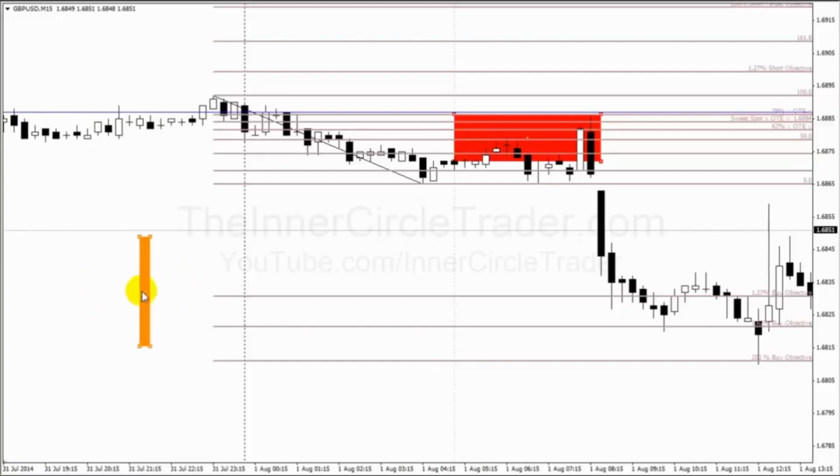But look over here, when I put this little cursor here, notice those little numbers. Right now it says 32. Now it says 24, 41. What I'm doing is putting a range of 30. See that? That's 30 pips right there.